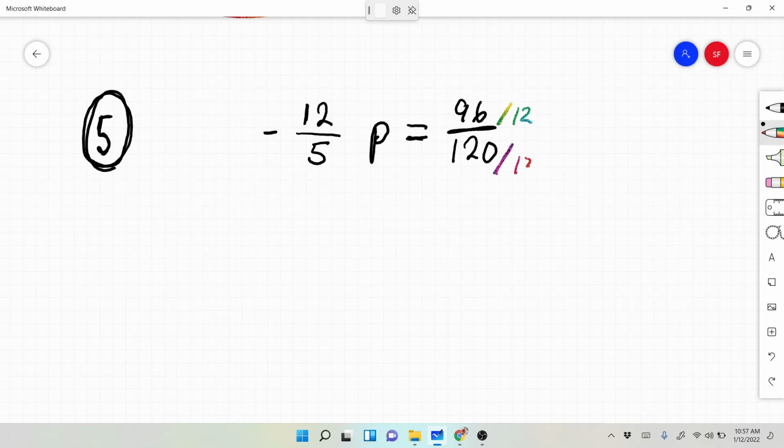When you get to 96 over 120 times 5 over negative, could you pre-reduce? Yes, you can. Remember, we have to figure out what goes into something on the top and something on the bottom. So we've got to look at our divisibility rules. Does 2 go into it? Does 3? Does 12? Does 5?